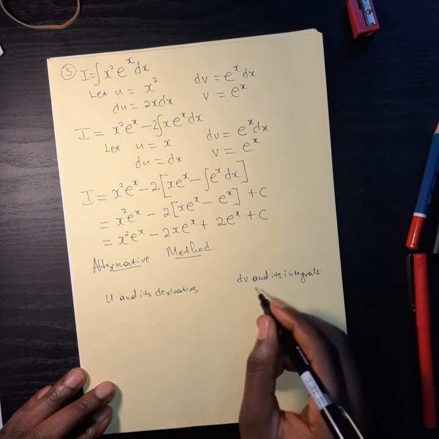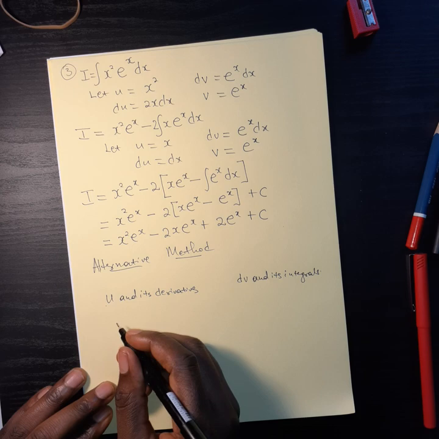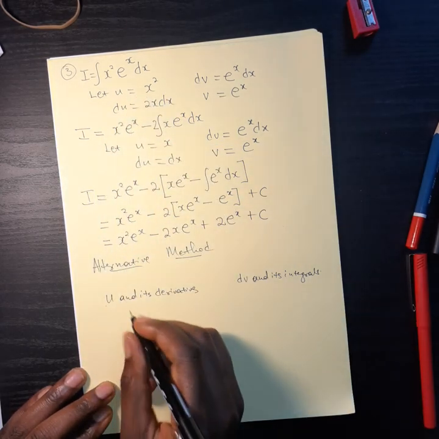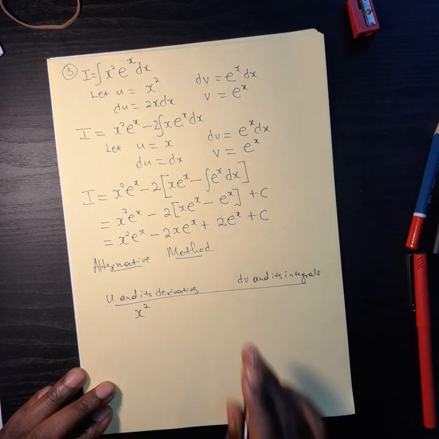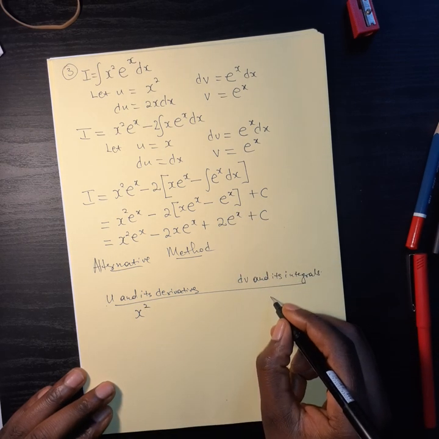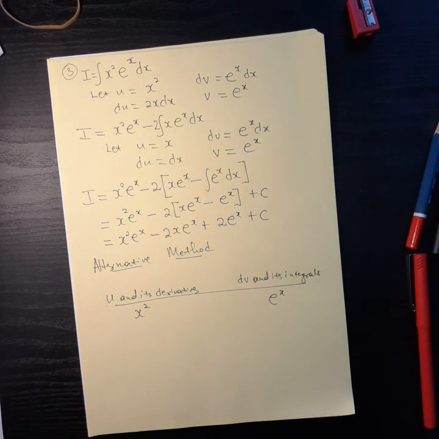So we have u this side, dv that side. What is our u? Our u, we said, is x squared. What is our dv? We said it's e to the power of x, we don't need to write dx.